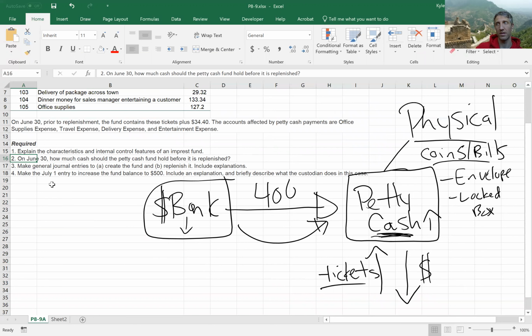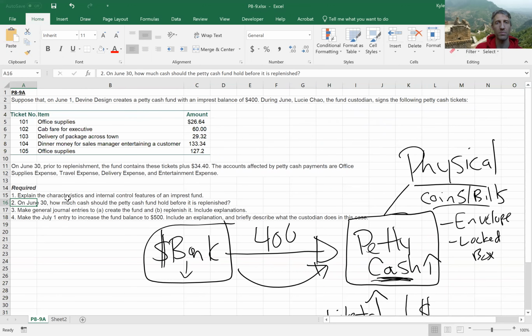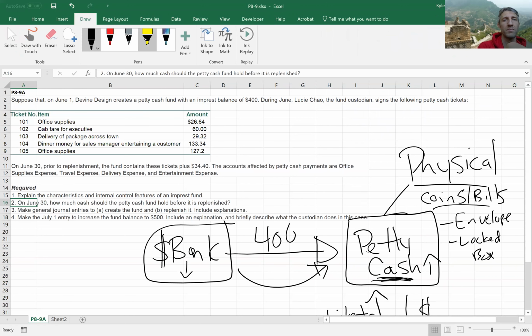Requirement two is on June 30th, how much cash should the petty cash fund have before it's replenished? Well, I know the target balance of petty cash here is $400. Now, these expenditures here, we have tickets and we have an amount.